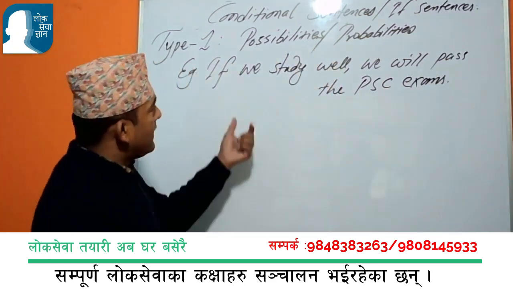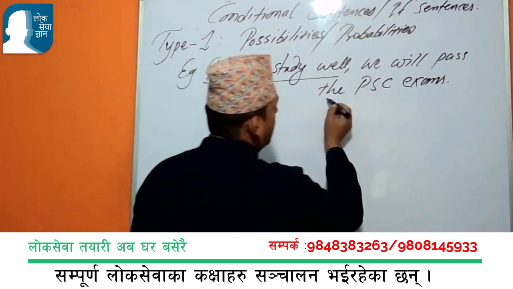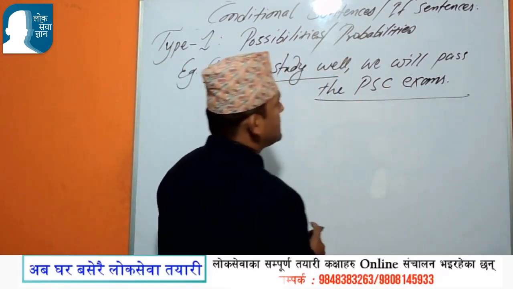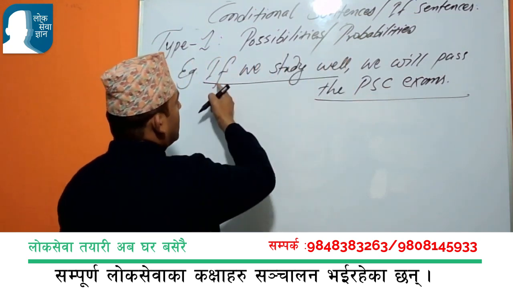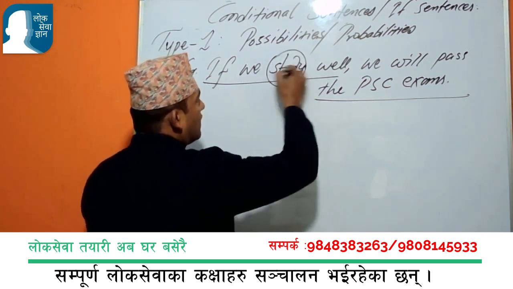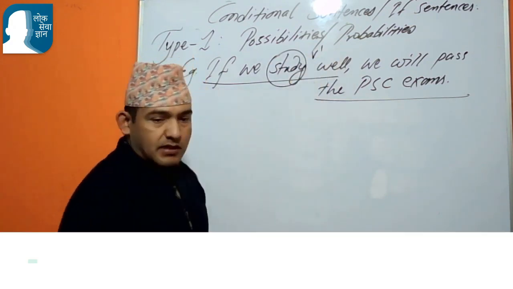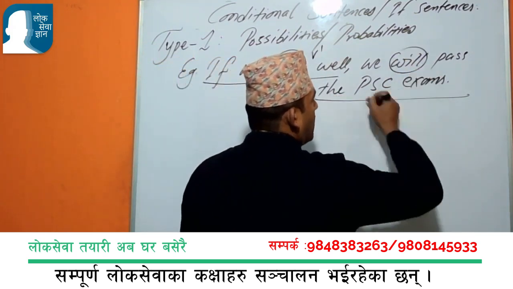So, okay. Let's see here. If we study well, we will pass the PSC exam. You can see here in the if clause you can see study, verb 1, it means simple present, and in the main clause you can see will.